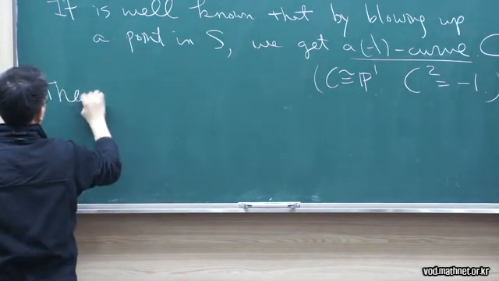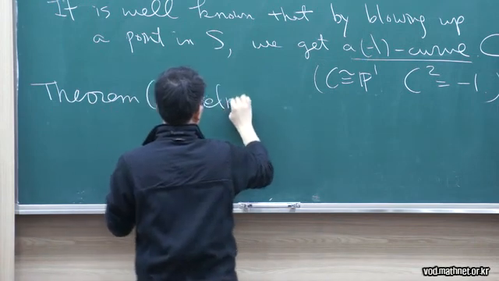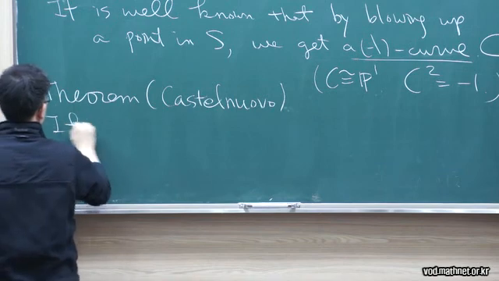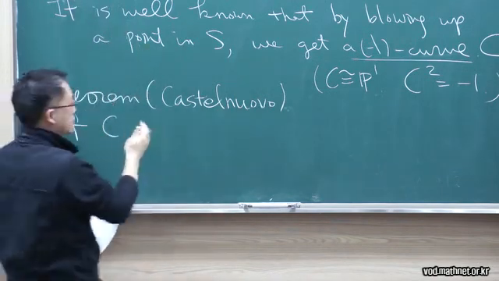Let's repeat the theorem of Castelnuovo. If a surface already has a -1 curve, it can be contracted.